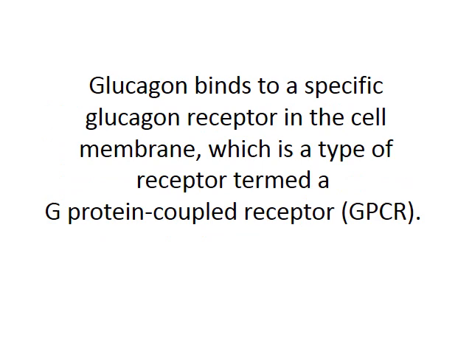Glucagon binds to a specific glucagon receptor in the cell membrane, which is a type of receptor termed G protein coupled receptor, GPCR.